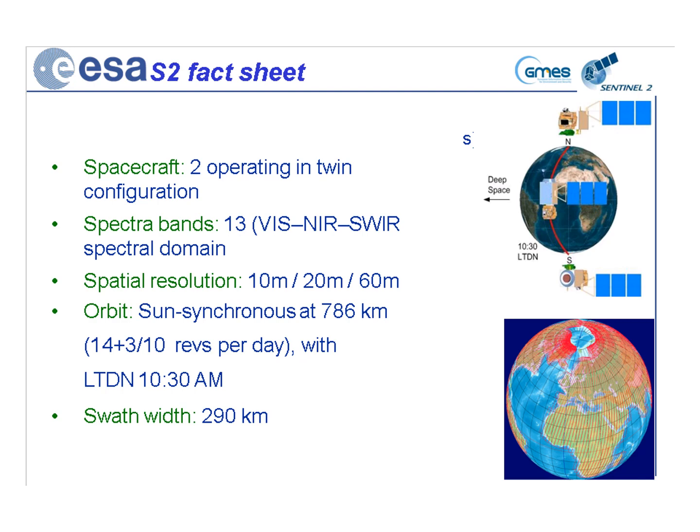It's a sun synchronous orbit at about 790 kilometers. So it's doing 14 plus 0.3 revolutions per day with the local time of crossing the equator at about 10:30. And the swath width is 290 kilometers, so a bit bigger than Landsat.